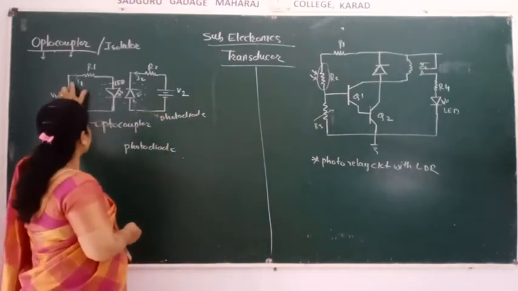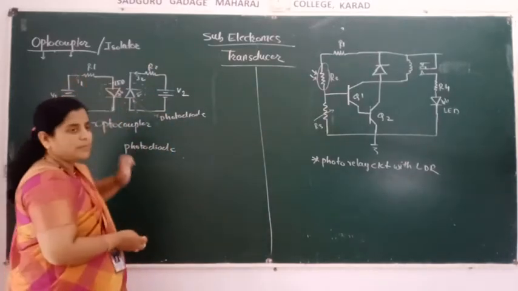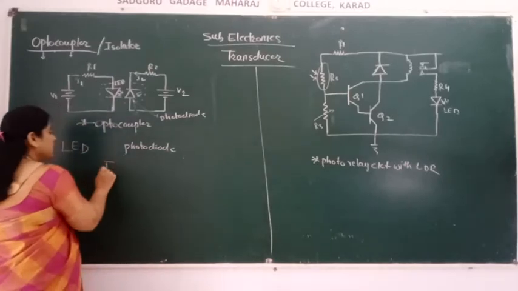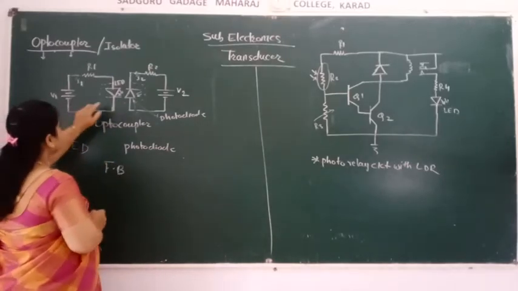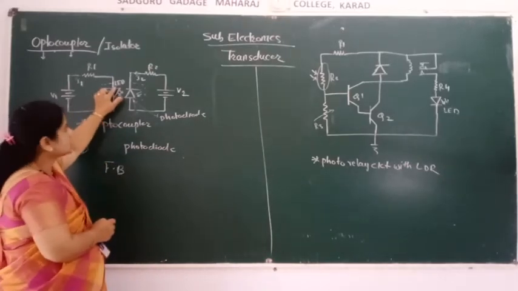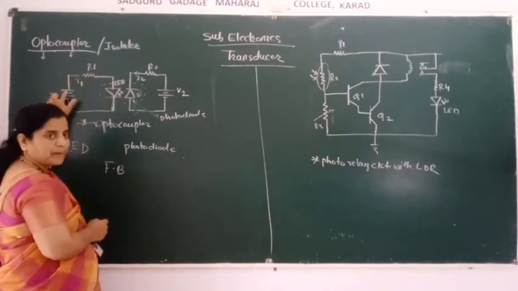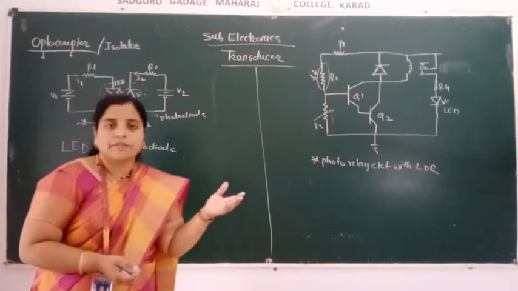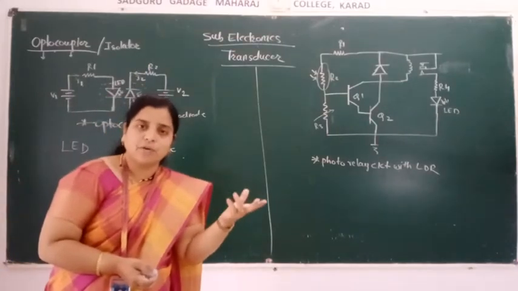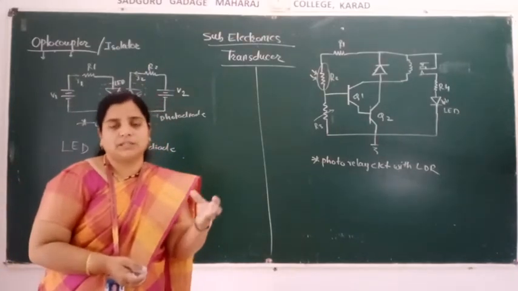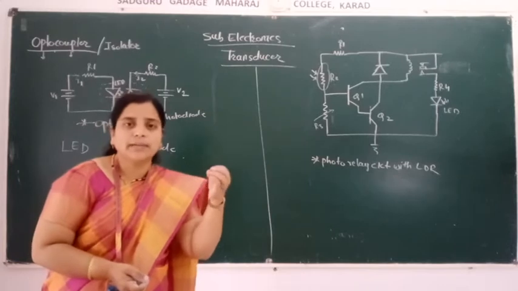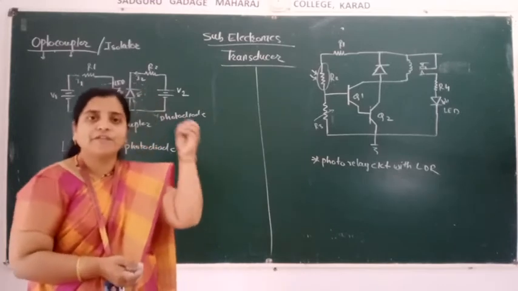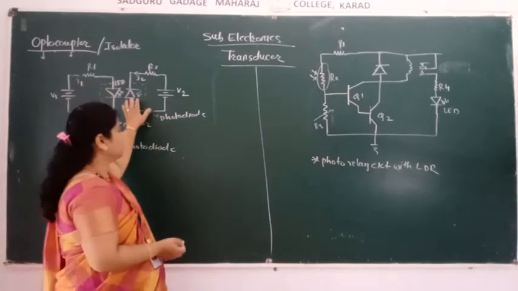What is forward bias? When the positive terminal of the diode is connected to the positive of the supply, it will conduct. When the LED is in forward bias, it emits light, and that light falls on the photodiode.